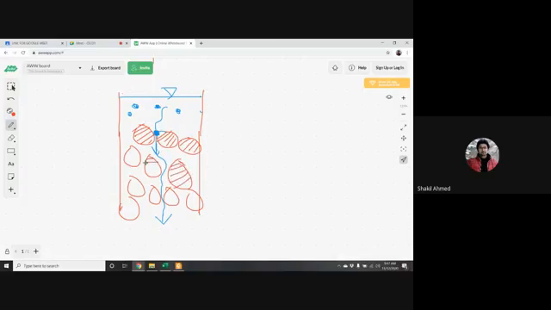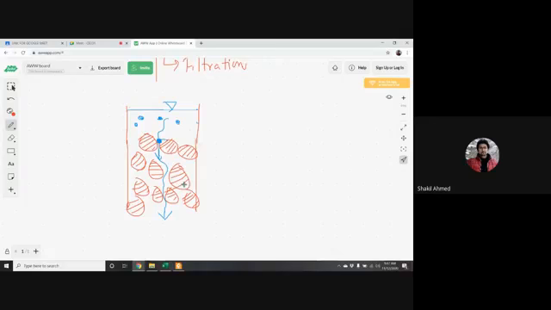Now, in reality, this is not as simple. There are a multitude of processes happening here, not only one process. We'll see them one by one. By the way, this is called filter media. These particles are called filter media.